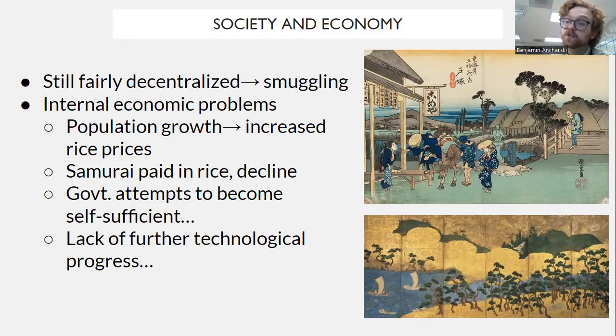Sure, we do have some technological exchange with the Dutch, but we do see that Japan, at least during the early 1800s, is kind of lagging behind in terms of technological development. Japan is a very traditionalist, very closed off to the outside world society. We do see a stalling in technological progress, at least compared to Europeans. So keep that in the back of your mind, and we're going to talk about that in the future, actually.